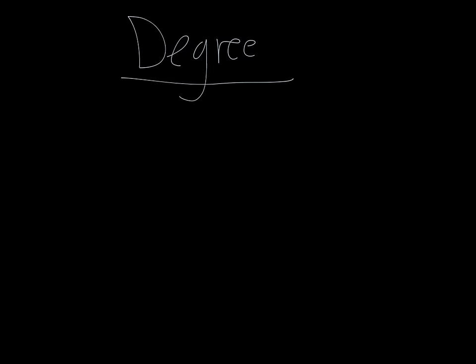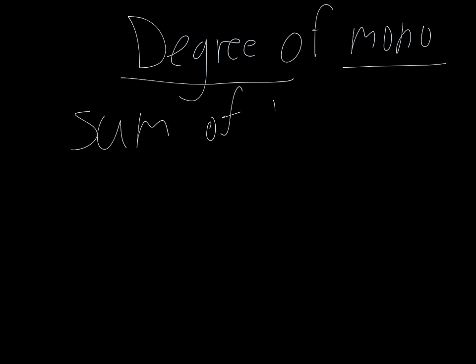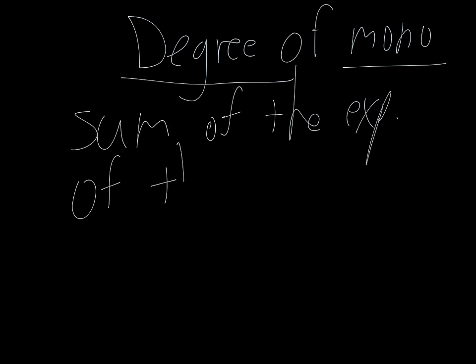Okay, so the degree of a monomial is the sum of the exponents of just the variables. So let's practice a few of these, and then we'll see if we can name them.